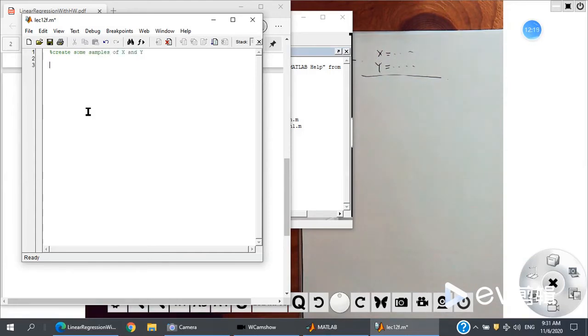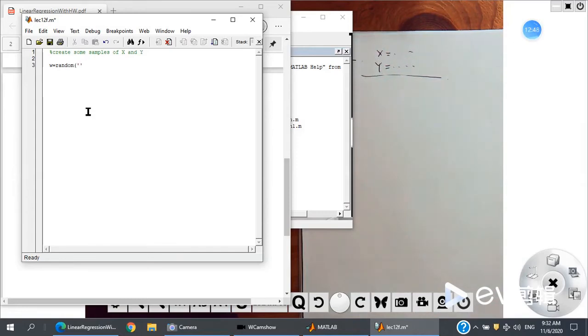Then I use a w, which is random. We have two random functions. One is just rand, which gives us random values with a uniform distribution between 0 and 1. And actually we have more functions that can give random values, for example randn.